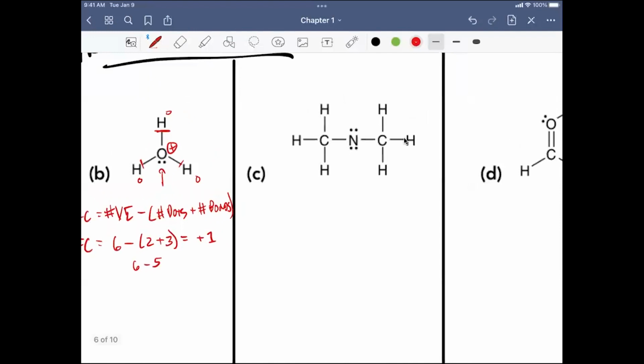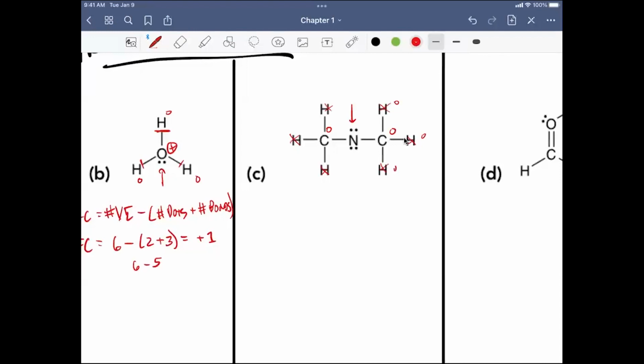Let's focus on this next one. Again, for these hydrogens, we don't really have to worry about them. They are going to be 0 because they have one bond attached to them. So that's not too hard. For these carbons, we just want to look if they have 4 bonds, which they do. So these carbons would be 0 for the formal charge as well.